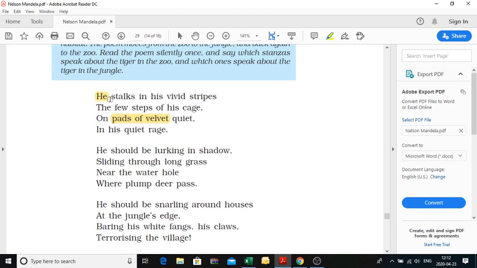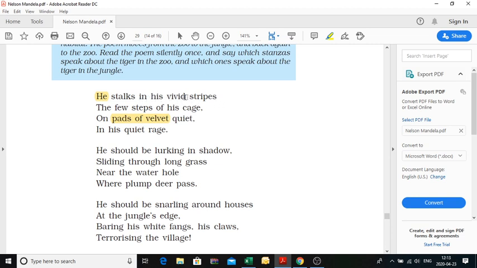And what does he do here? He stalks in his vivid stripes. Stalk is to walk in an angry or a proud way, right? So he walks in an angry or proud way in his vivid stripes.